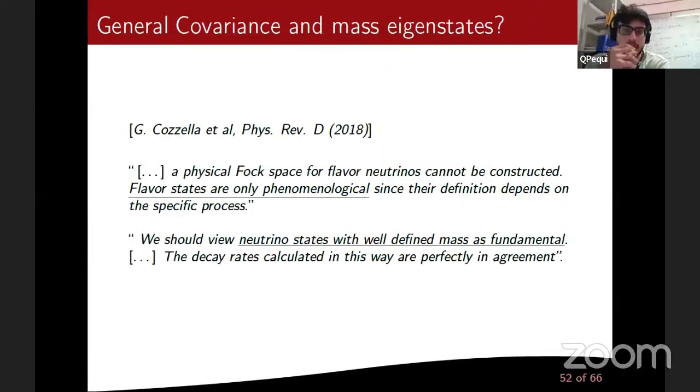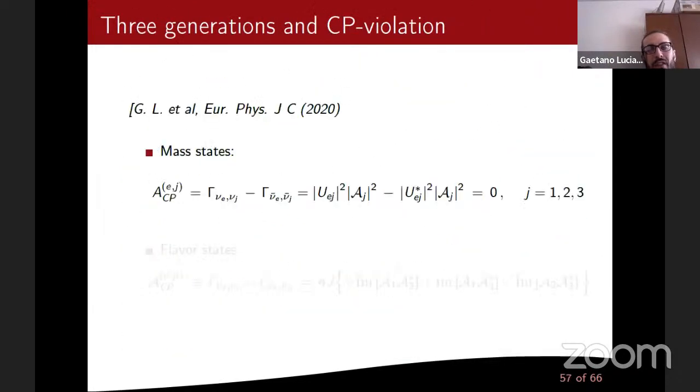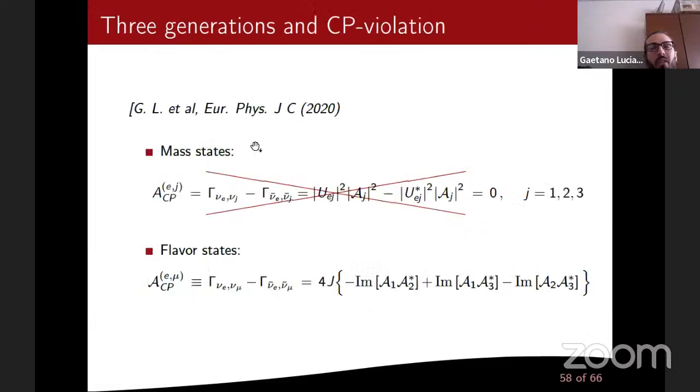Even if you can describe neutrino oscillation using these detection-dependent assumptions, I don't understand how to describe CP violation, because you have this problem here. If you try to compute such a difference, you can see that the same term appears, so this difference is 0. So you don't have any possibility to describe CP violation.